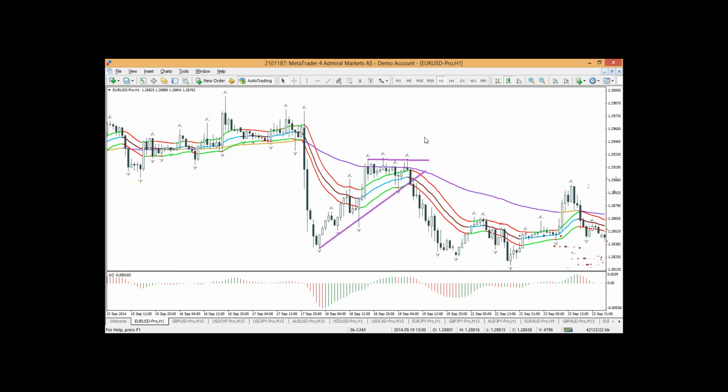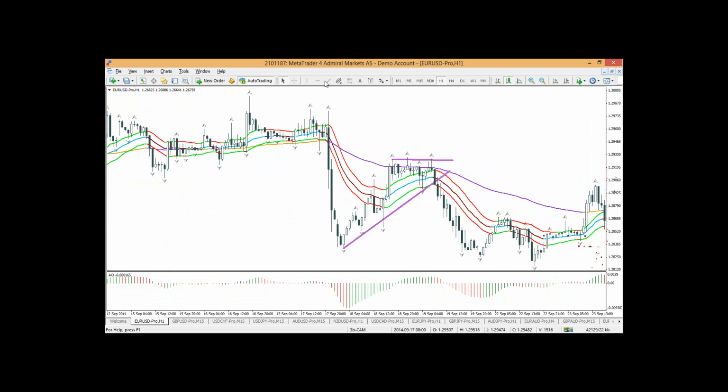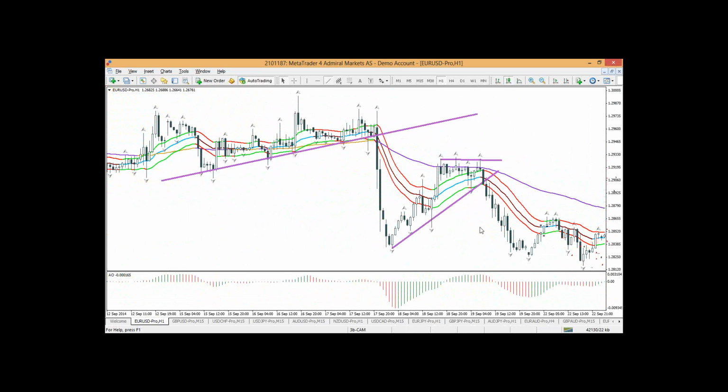Here's an example. It's an ascending wedge, in fact, but momentum is down. The downtrend is definitely in play after the break of this trend line, for instance. So I think this is more a bearish ascending wedge.